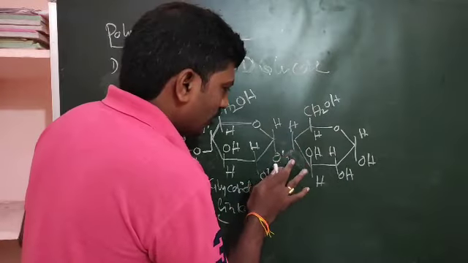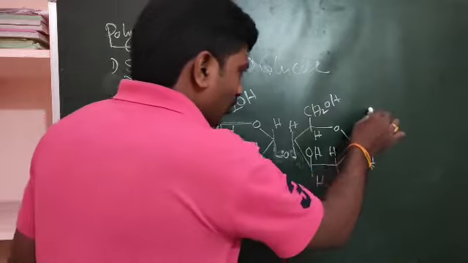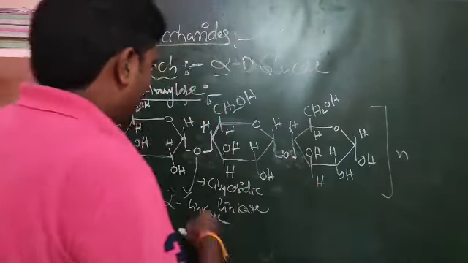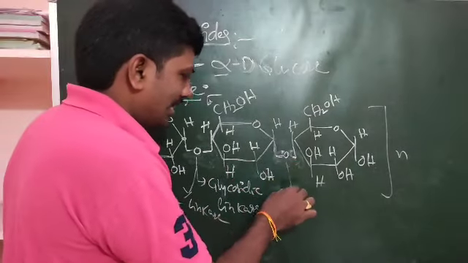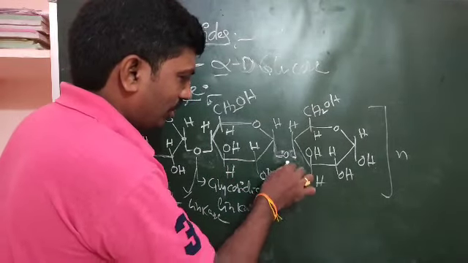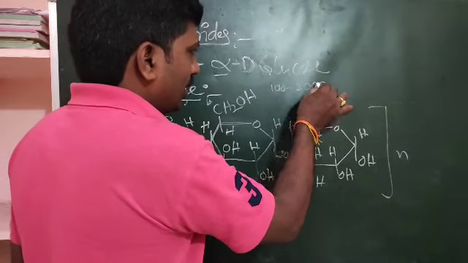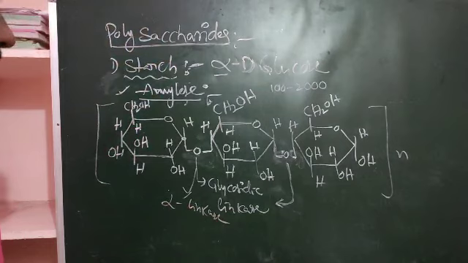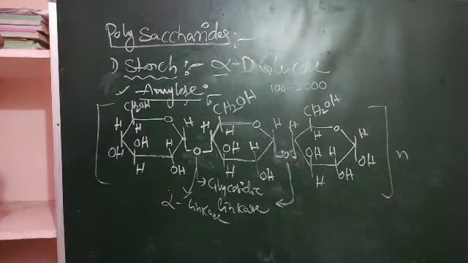This water molecule is also removed, and the remaining O will form like this. After that we write n, and a number of molecules form this glycosidic linkage, 100 to 2000 molecules connecting with each other like this. This structure is amylose.